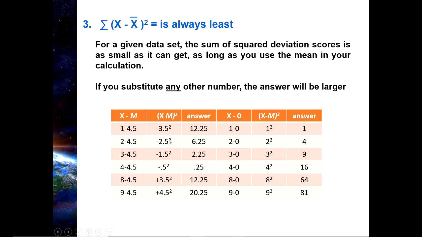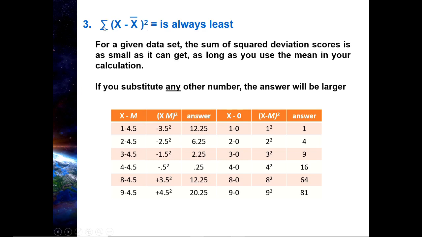Minus 2.5 squared is 6.25. All right, and I did that for everything else in this column. Remember, when you take a negative and you multiply by another negative, you always get a positive answer. All right. Now we have to add them all up, right?